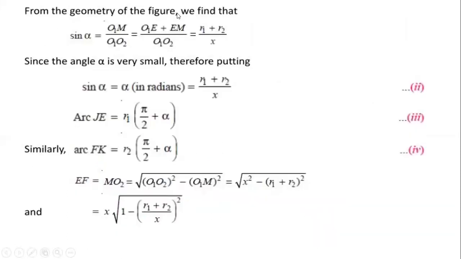Then from the geometry of the figure, we find that sin alpha is equal to O1M by O1O2. We take O1M as O1E plus EM, divided by O1O2, where O1O2 means the displacement.